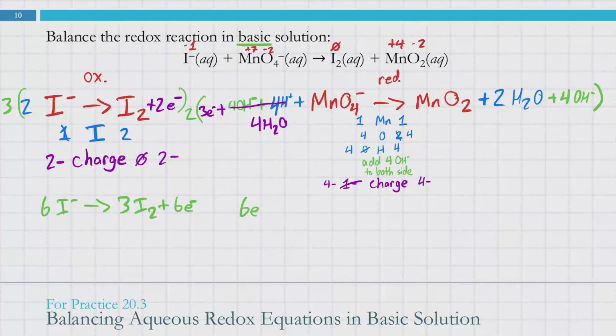We've also got 6 electrons plus 8 H2O plus 2 permanganate goes to 2 MnO2, 4 H2O, and 8 hydroxides.